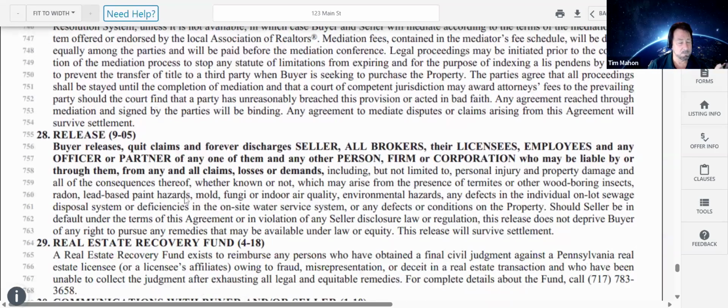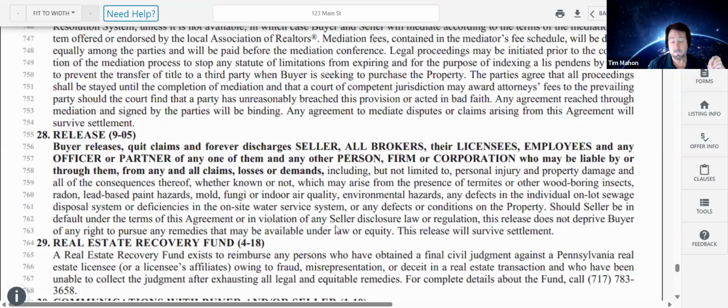And the release that we've referred to many times as paragraph 28 is right here, where this buyer releases, proclaims, and forever discharges the seller, you, me, the brokers, licensees, and so on. With one exception, starting down here in the last 3 lines of this paragraph, it says, should seller be in default under the terms of this agreement, meaning the seller changes their mind about selling the property, the buyer can sue them.